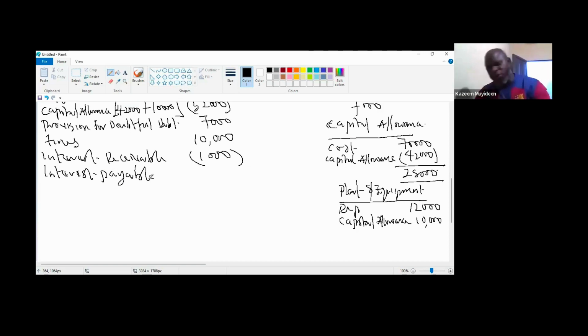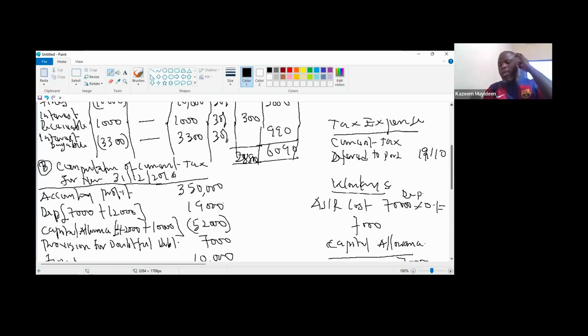We make provision for it. Say, when you pay, then I can tax it. So it's on cash basis. You now add back. That is all.